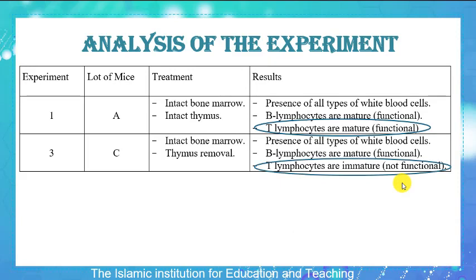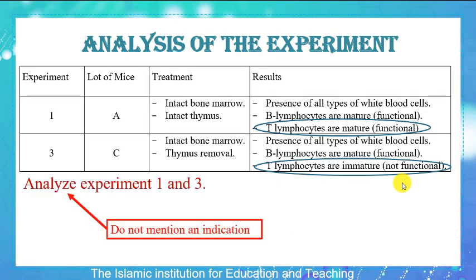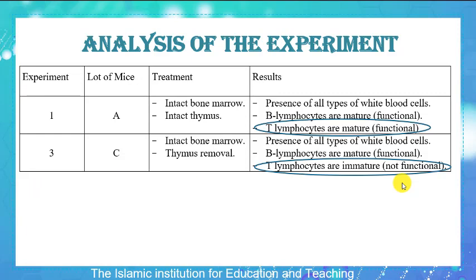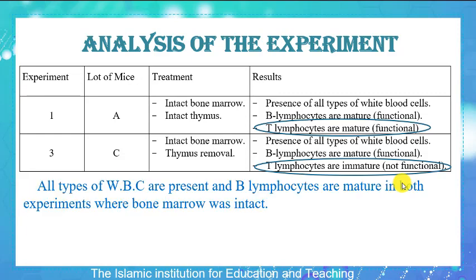First, we should search for the different results between the two experiments. Remember that this is the analysis, then there is no indication. We shouldn't say this indicates that. All types of white blood cells are present and B and T lymphocytes are mature in both experiments where bone marrow was intact.